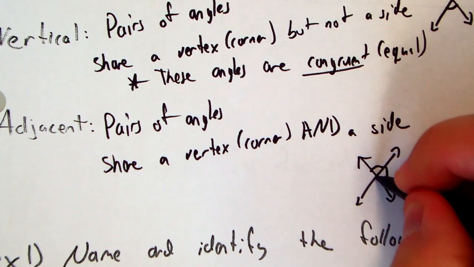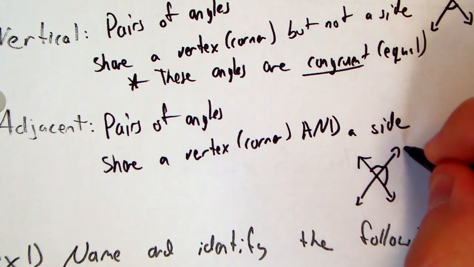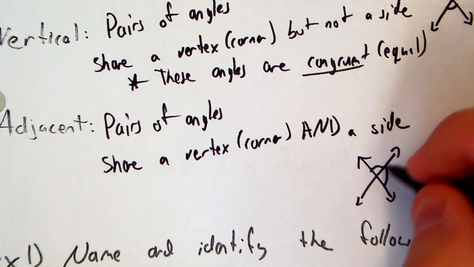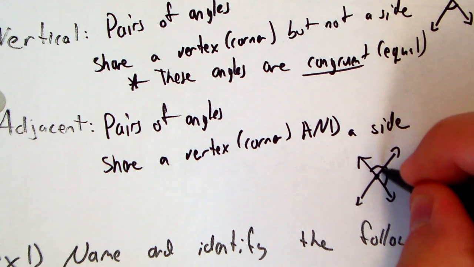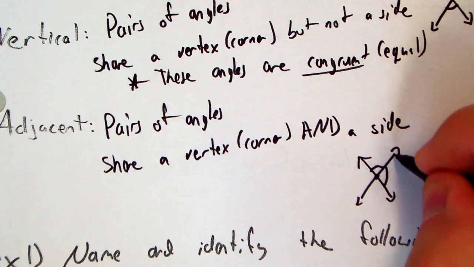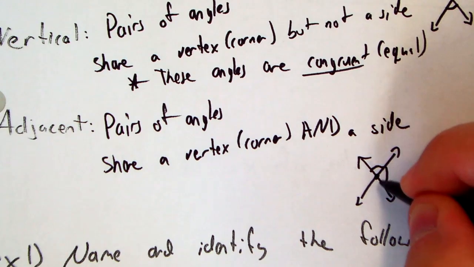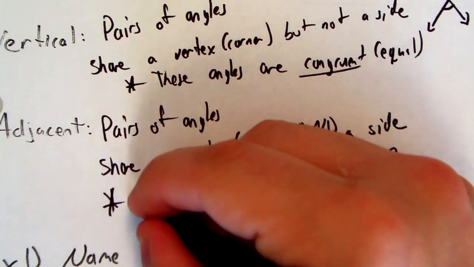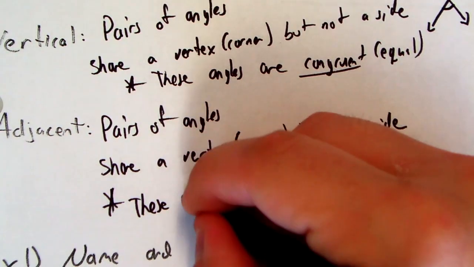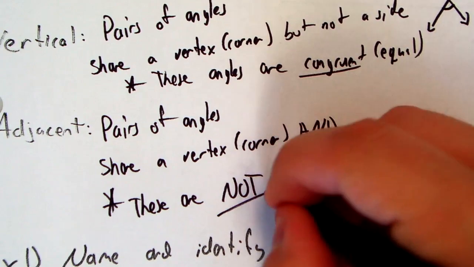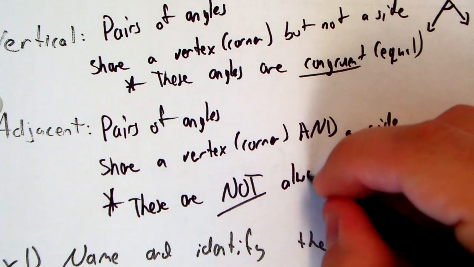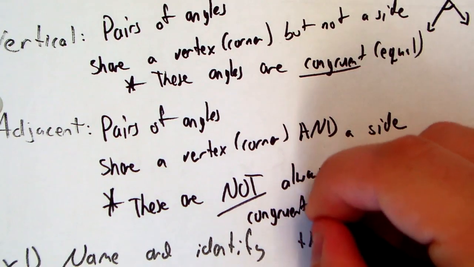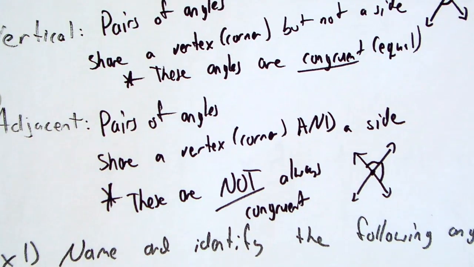This angle goes down and up. This angle goes up and still up. So they share this vertex and they share this side. And that's what calls them adjacent angles. Careful though, these are not always congruent. They can be, but that's not something that's very special about adjacent angles.